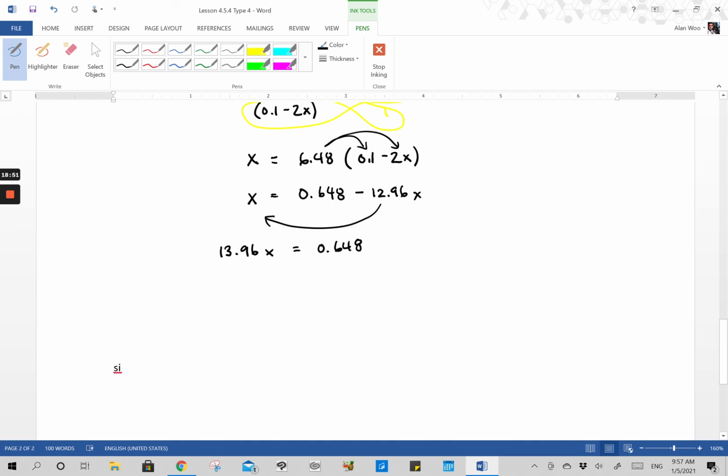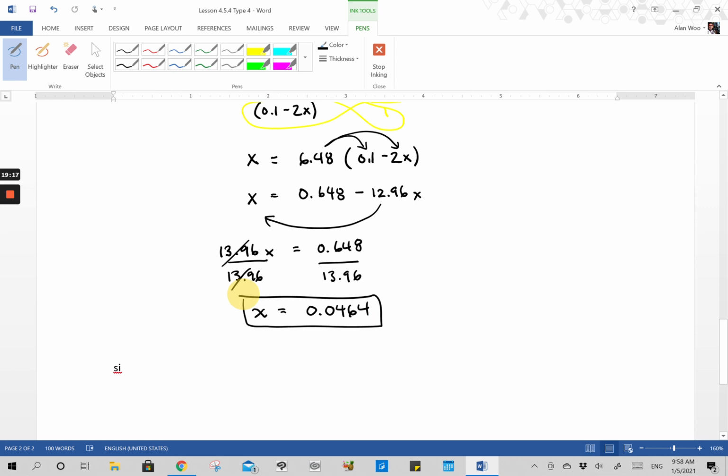Okay. Divide both sides by 13.96 to isolate x. So this cancels out, and you get x equals 0.0464. Okay.